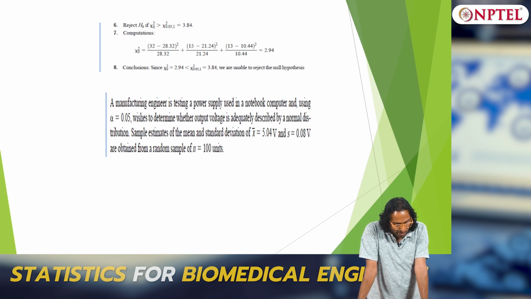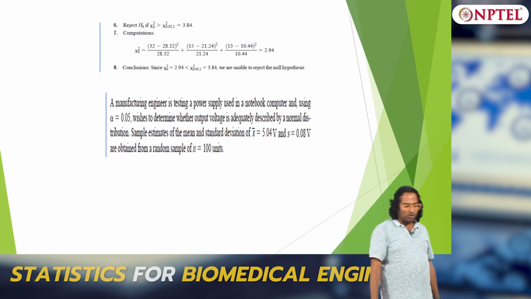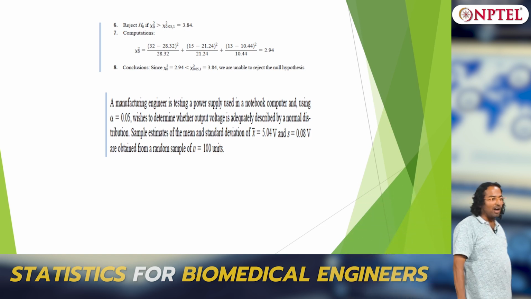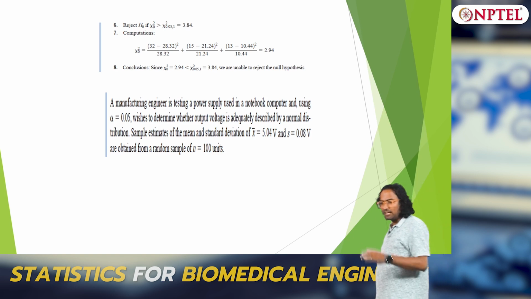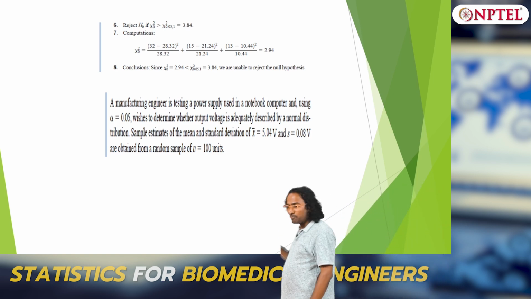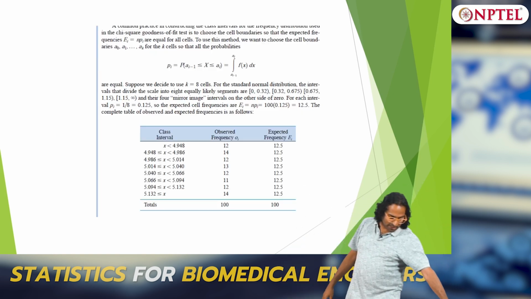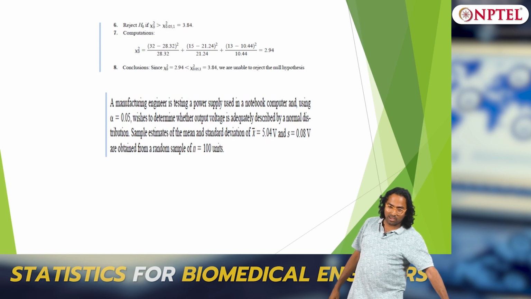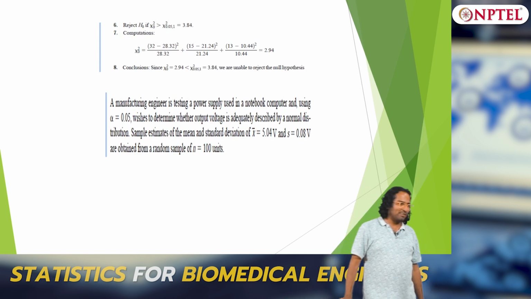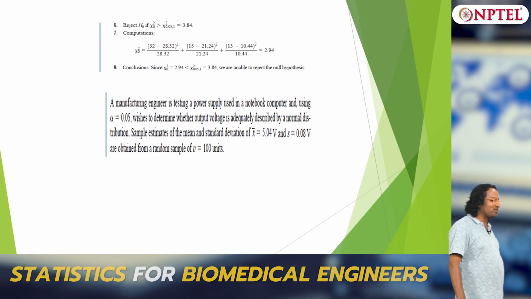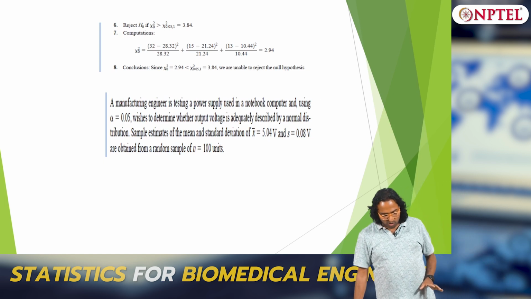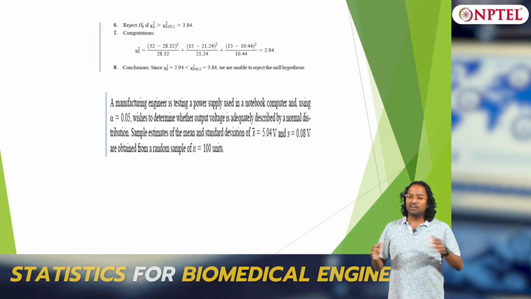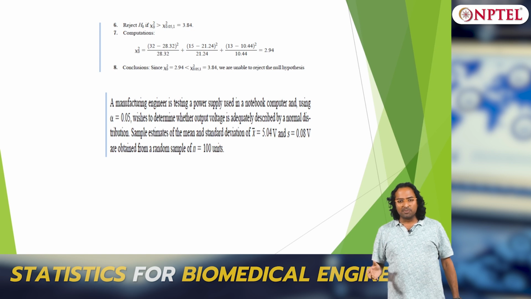Unlike the previous case, I have given you the mean and standard deviation estimates of the data, and the number n also. This is all the problem statement. The other statement is actually the solution. The problem statement is very simple. The manufacturing engineer has designed a power supply. He wants to know whether the output voltage is a normal distribution, which is important, right.